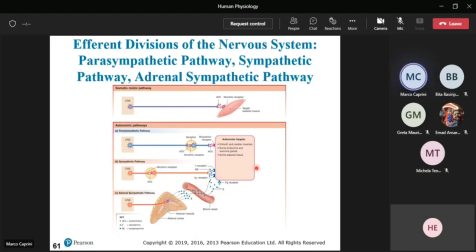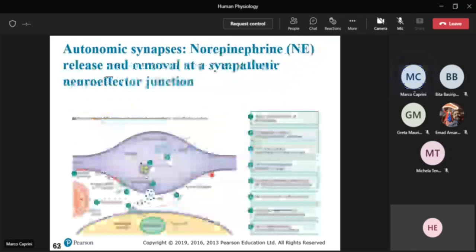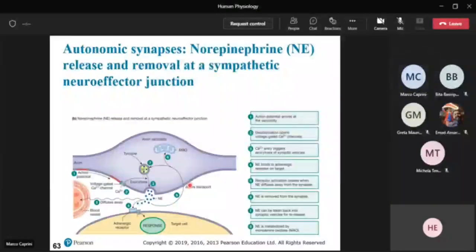But the response of the autonomic target depends only on the receptor, because the norepinephrine is able to bind to all of them. And obviously the response depends on which type of receptor is present. The example that we did is just an example of what happens in the postganglionic cell and the target cell, for example the muscle cell.